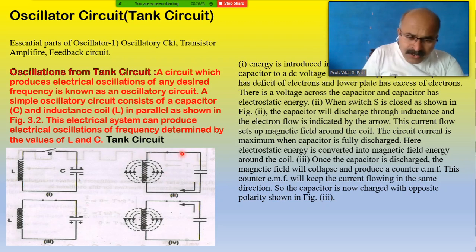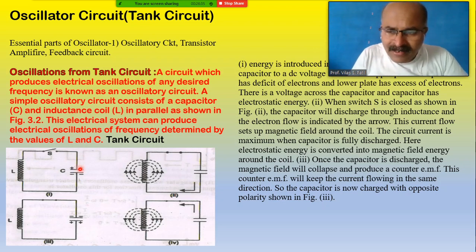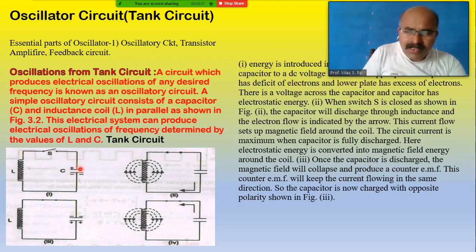If the switch is closed, the electrostatic energy starts flowing from the negative terminal to the positive terminal of the capacitor. Means for the moment the capacitor acts as an electrostatic battery.